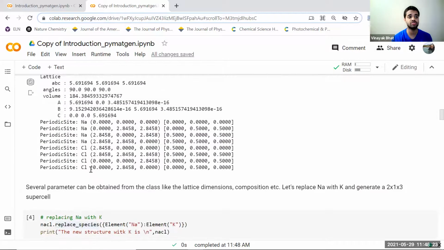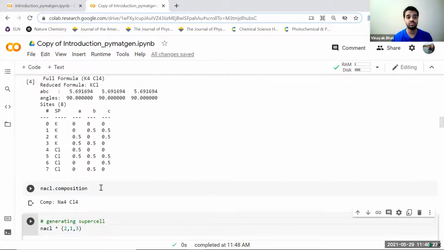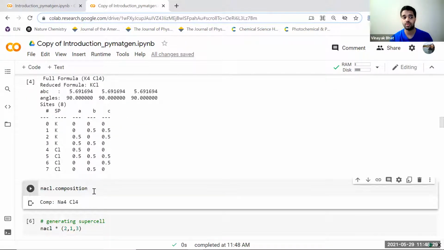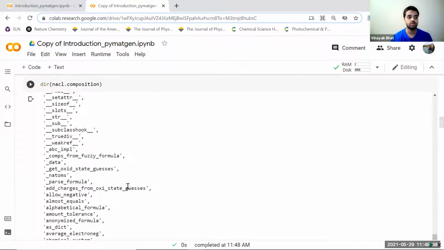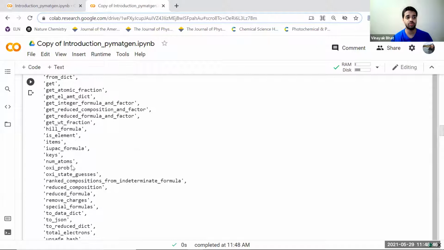That's what the crystal structure was, right? So it creates an object called composition, and there are many other things that this can do, if you look at the dir of composition. It has alphabetical formula, average electronegativity, elements, fractional composition, oxidation states, and many things that you could do with this.